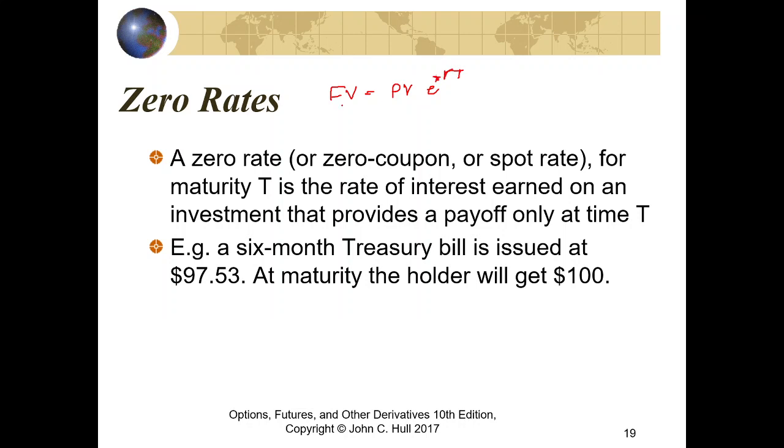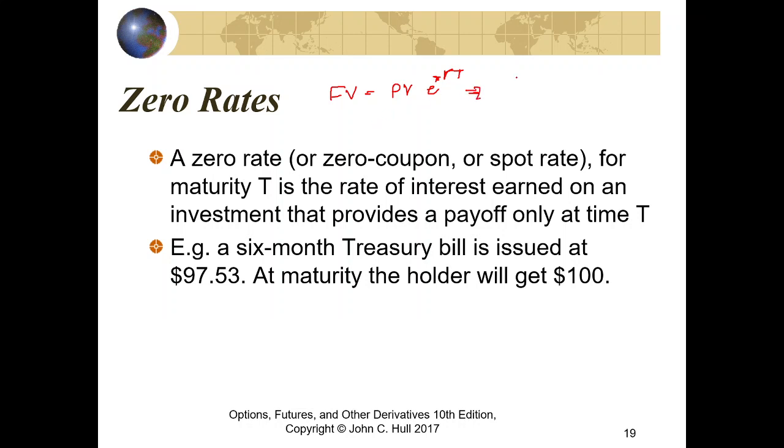So if I have the future value, which is 100, and I have the value, which is 97.53, and I know that t is equal to 0.5 because I'm looking at the 6 months treasury bill, I can easily calculate r. So I have to do some rearrangement.